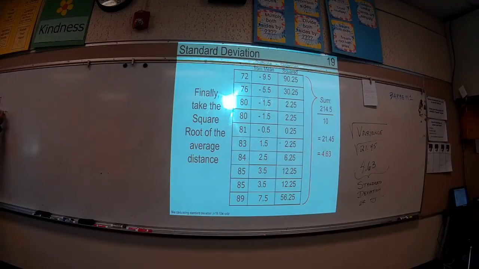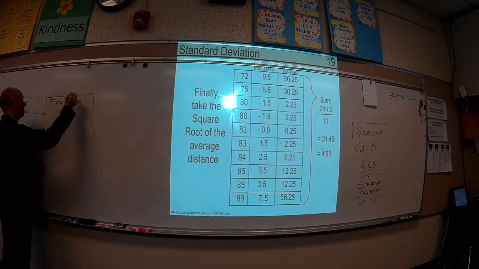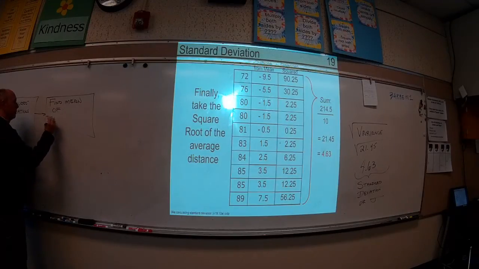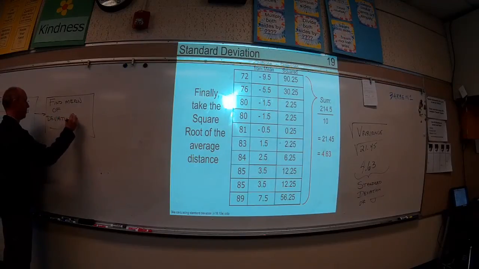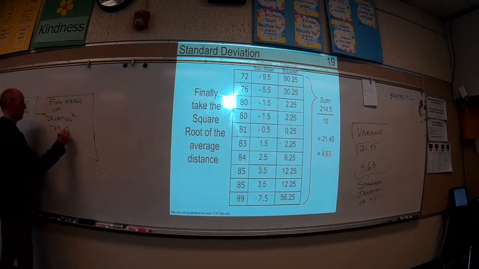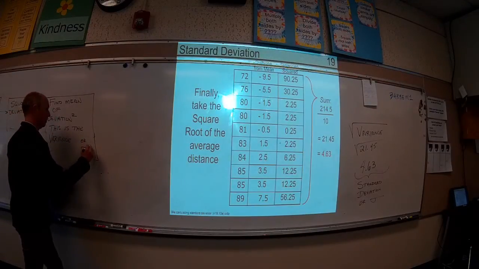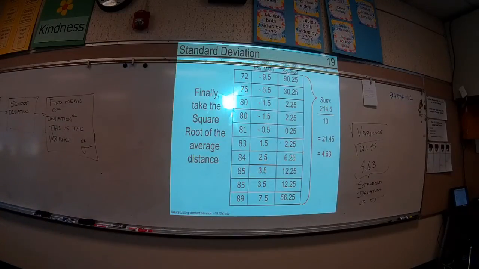Square deviations. Find the mean of the deviations squared. This is the variance, sigma squared.